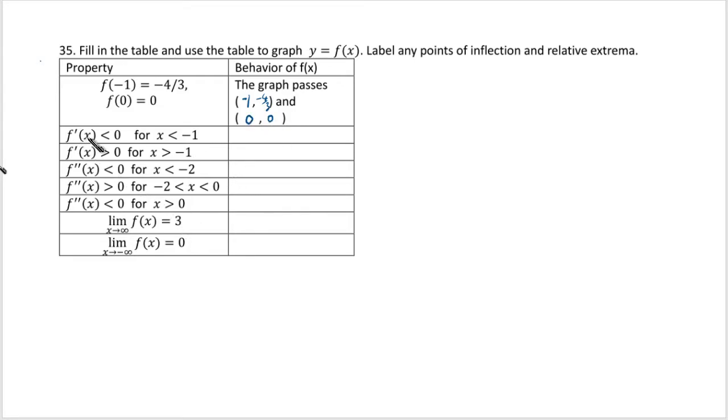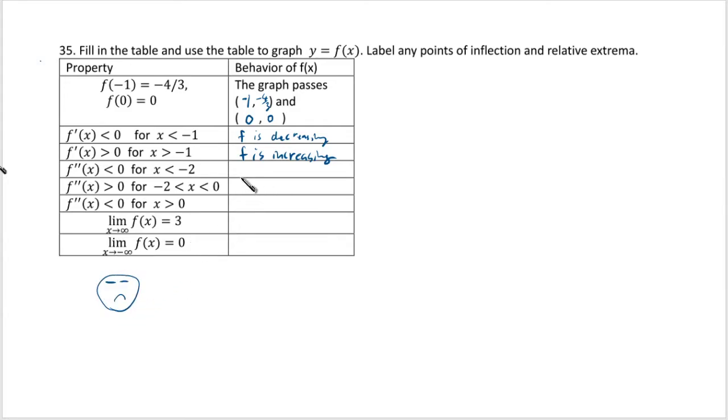Now, if f prime is negative, that means f is decreasing. And if f prime is positive, then f is increasing. F double prime negative, remember, second derivative negative means it's a frowning face.